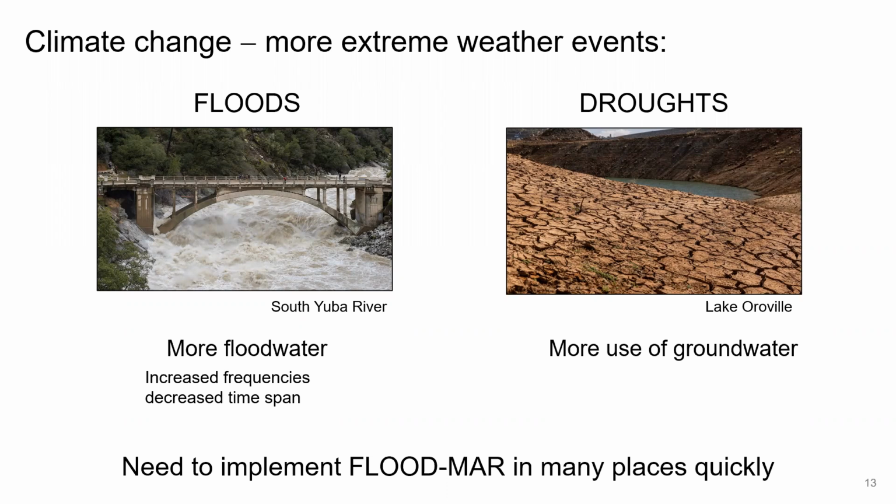That's why flood-MAR is a relevant technique these days, because there will be more floods, meaning more surplus water, and somehow we need to capture that and put it into the aquifer system. So that's the idea of flood-MAR. And the key here is we need to implement flood-MAR in many places quickly because we're in a hurry.